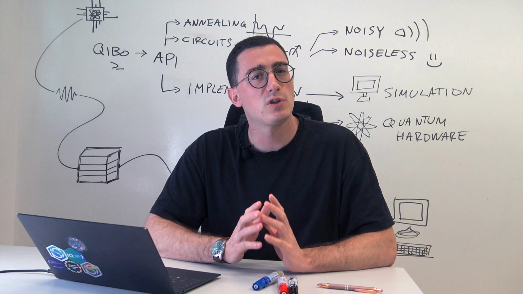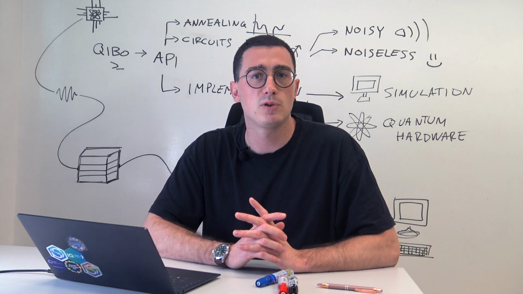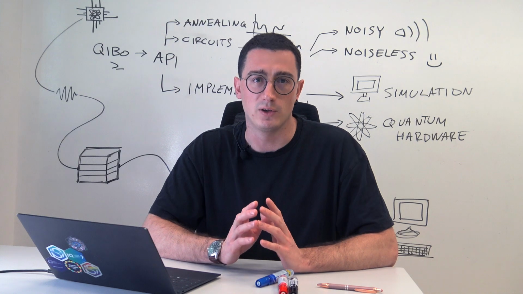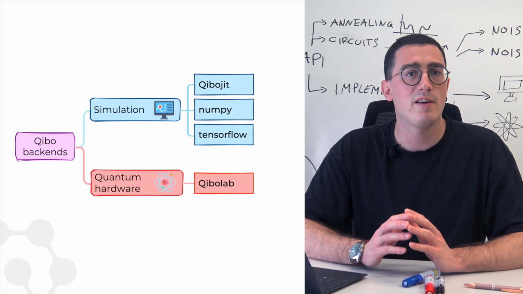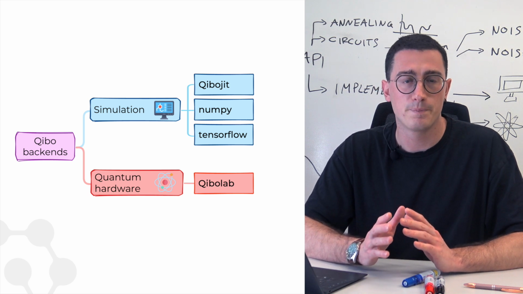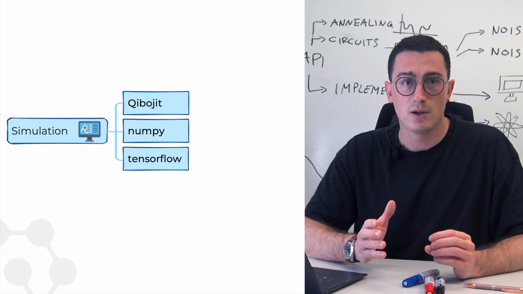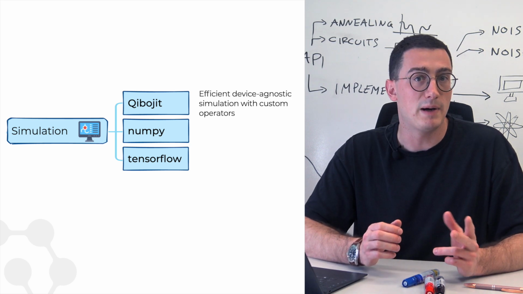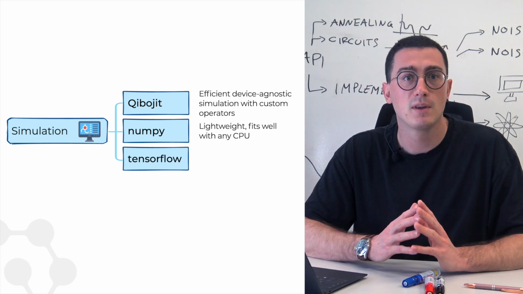One of the features of Qibo is the modularity. With this I mean that in Qibo you can select the most suitable engine to execute your algorithms. And we are going to call these engines backends. We have backends for both simulation and execution on the real quantum hardware. Two of the simulation backends are NumPy and QiboJIT, which take their names from two Python packages. But probably you already know NumPy between them.